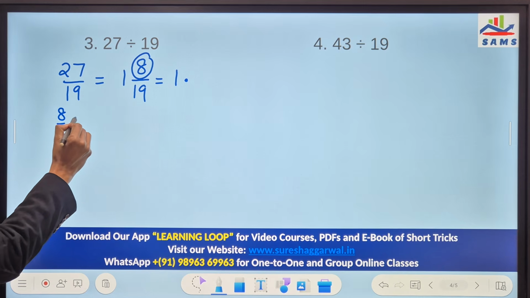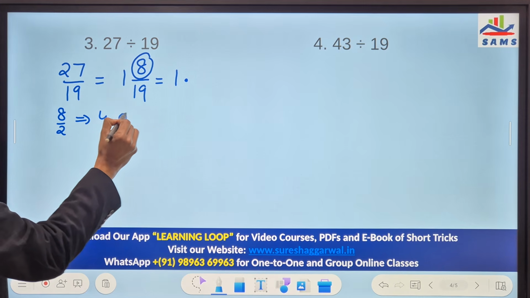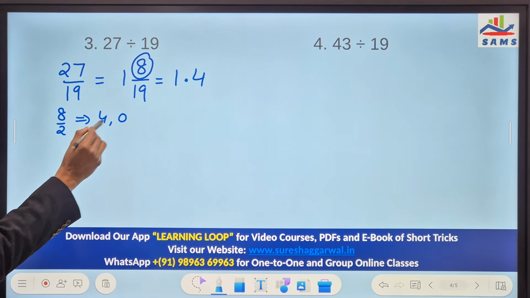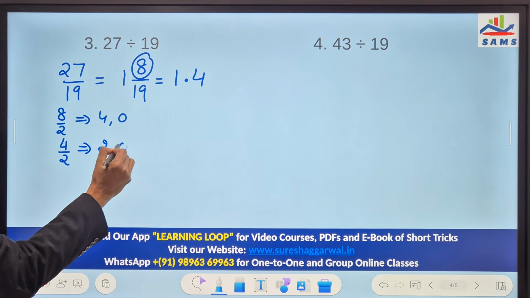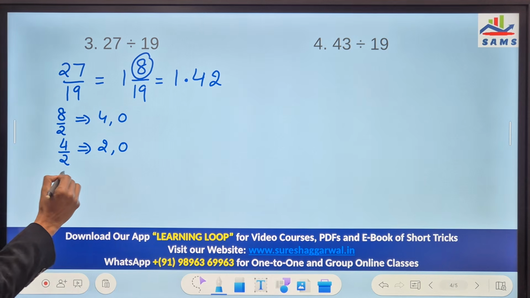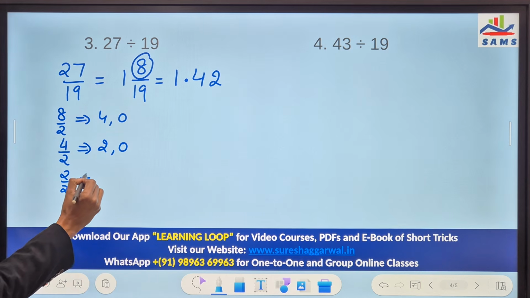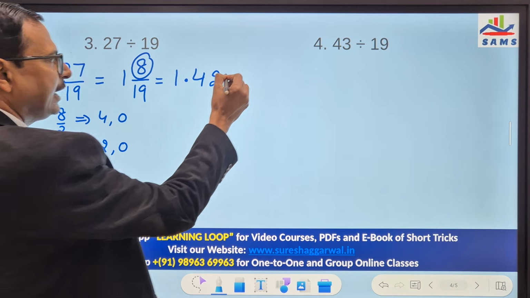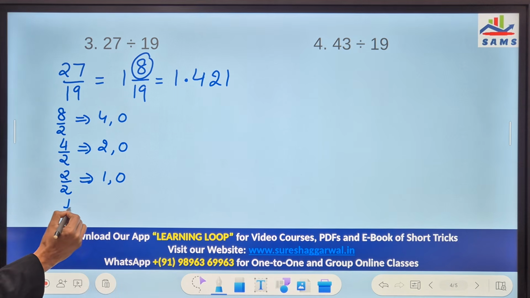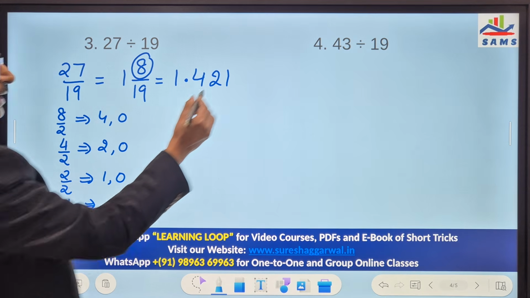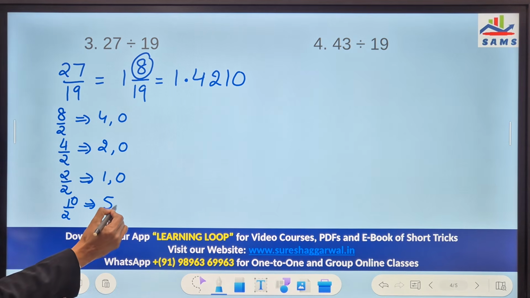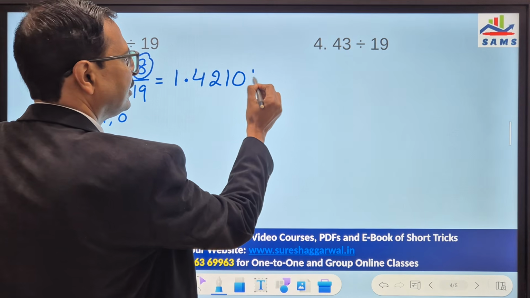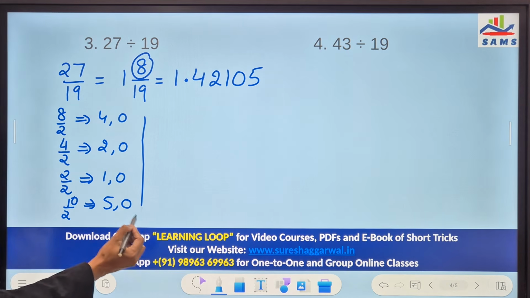8 divided by 2 means 4 and a 0. So 4. 4 divided by 2 is 2 and a 0. So 2. 2 divided by 2 is 1 and a 0. So 1. 1 divided by 2 doesn't work. So I have to put a 0. Put a 0 here. This gives me a 5 and a 0. So 5. Next, we have a 5.